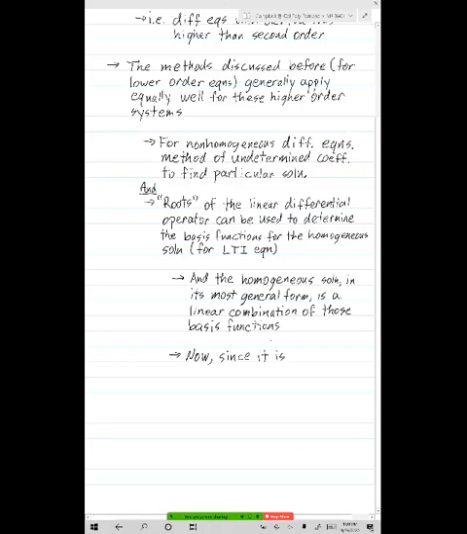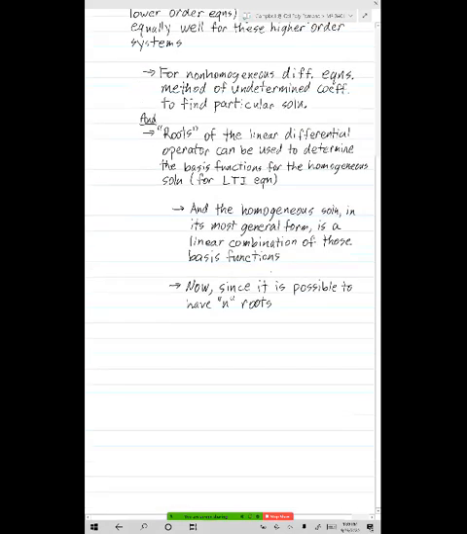So since it is possible to have now n roots rather than just one root or two roots, depending on if it's a first order LTI ODE or second order. Now we can have n roots.